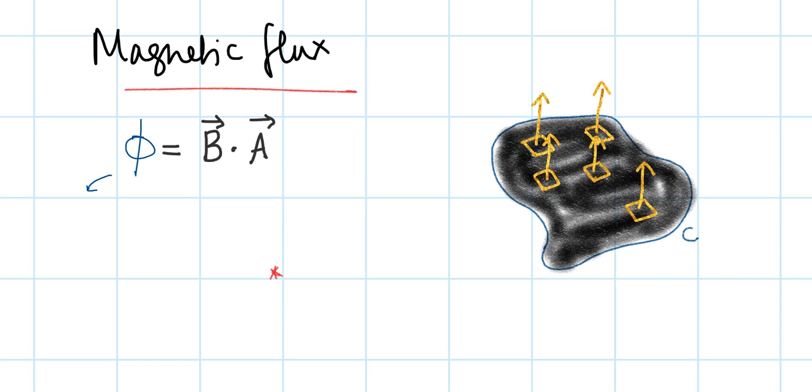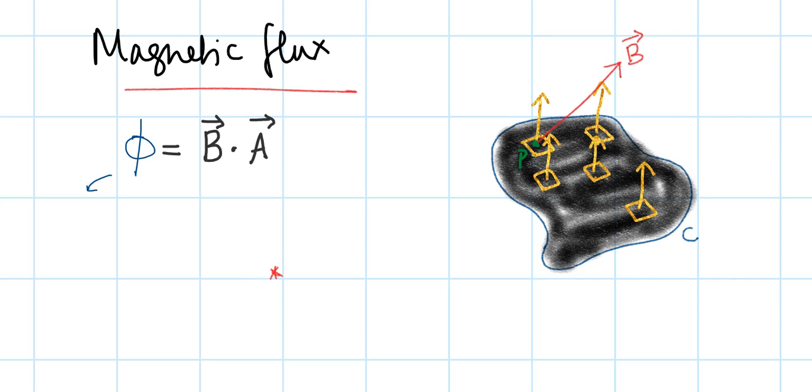Let that magnetic field be represented by a vector B1 at the given point P on the surface.